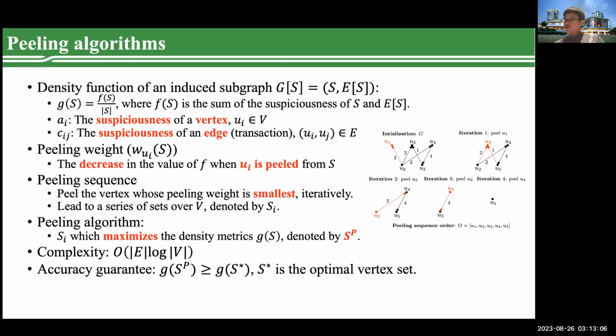Furthermore, the algorithm offers an accuracy guarantee: g(S^P) is guaranteed to be greater than or equal to half of g(S*), where S* represents the optimal vertex set. For example, the subgraph in the red rectangle is the optimal vertex set.